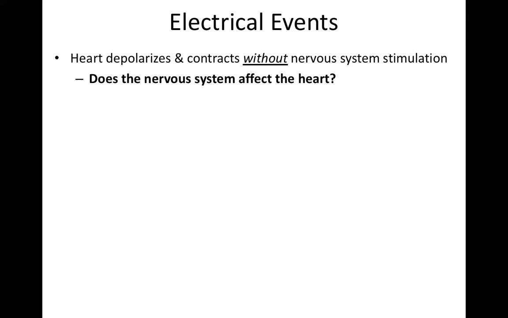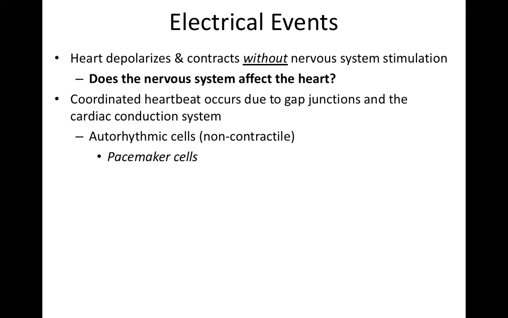But we can take a heart out of somebody, and as long as we give it ATP, then it will beat on its own. It does not need to be connected to the nervous system to undergo the cardiac cycle. That is due to those gap junctions and the cardiac conduction system.